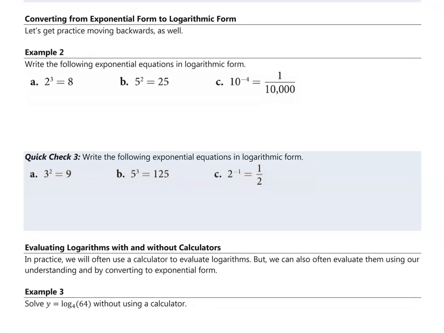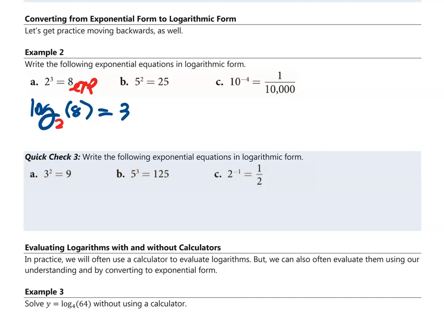Next, let's try this time converting from exponential form to logarithmic form. Letter A. 2 cubed is equal to 8. So rewriting this to logarithmic form, the base is 2, so that should be the base of your log, and this is the exponent, so that is going to be the log base 2 of 8 is equal to 3.